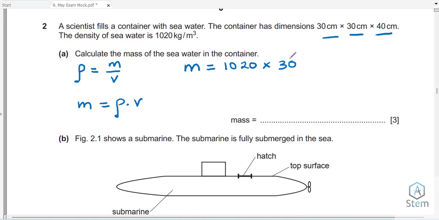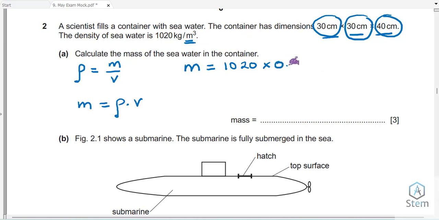There is something we need to be careful about, and that is converting our dimensions to meters. Why are we converting to meters? Because density is given in cubic meters.